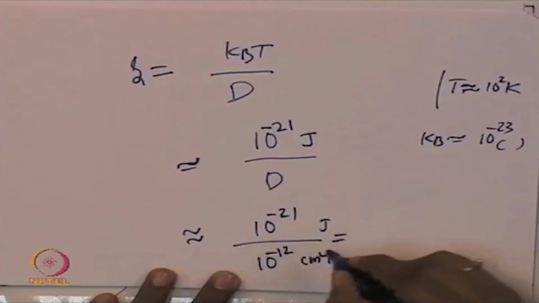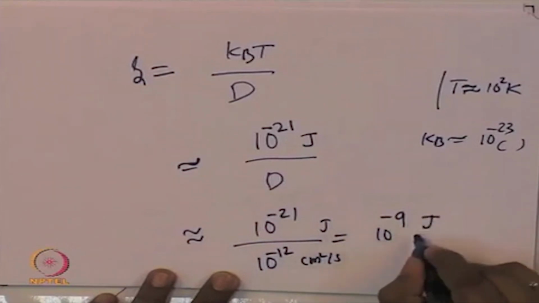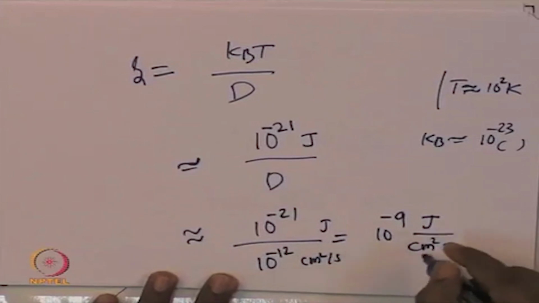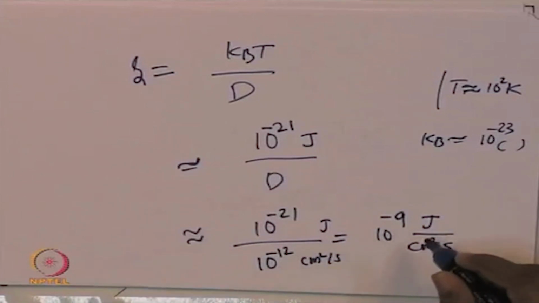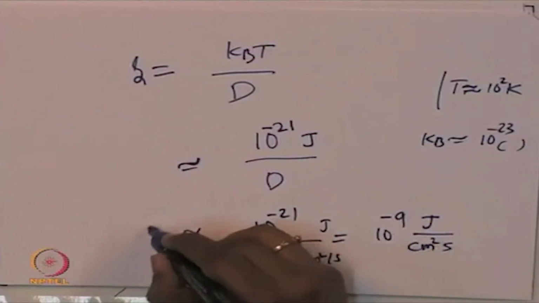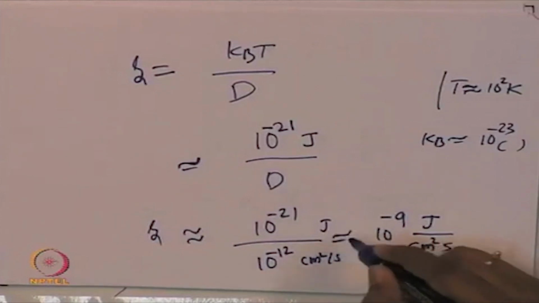So, this is basically 10^-9 joule by centimeter square second, and you can convert this into meter, base pair square second and all that. But this is the viscous drag that you will calculate approximately.